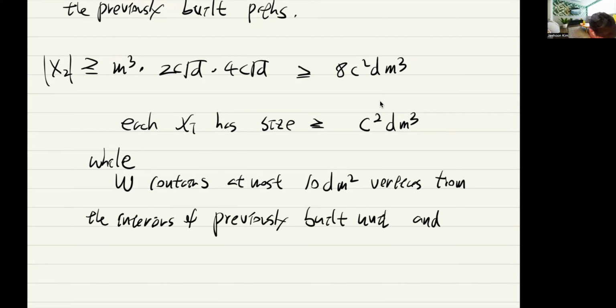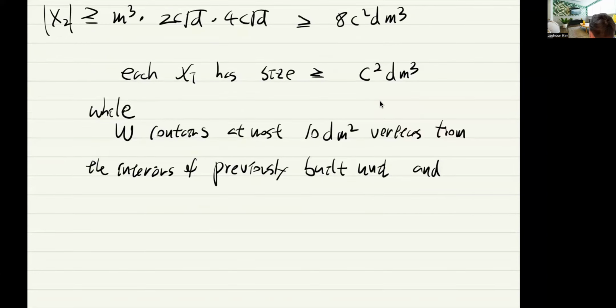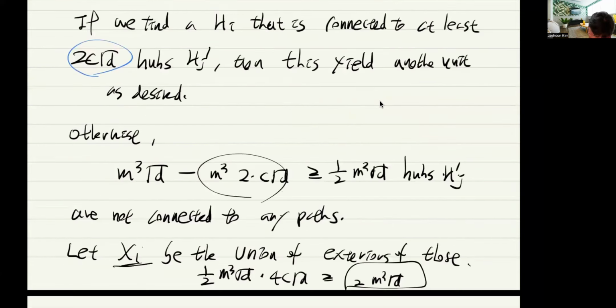And also previously we add the vertices from previously built paths. And how many paths have we built?